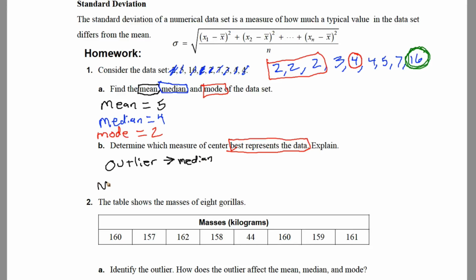If I have no outlier, then chances are I want to use the mean. In this case, I have an outlier, 16, so I would say the best one to use would be the median.